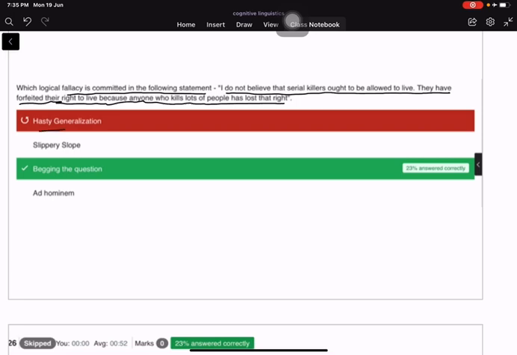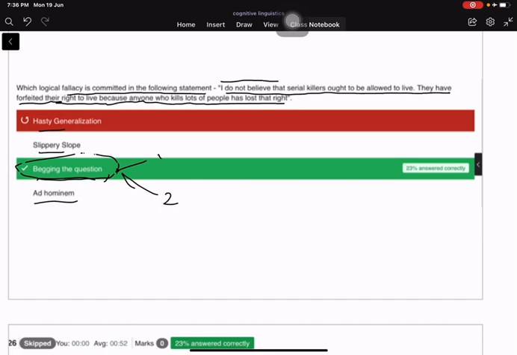The options: hasty generalization, slippery slope, begging the question, ad hominem. That's begging the question. The same thing is being used twice. So that's begging the question.